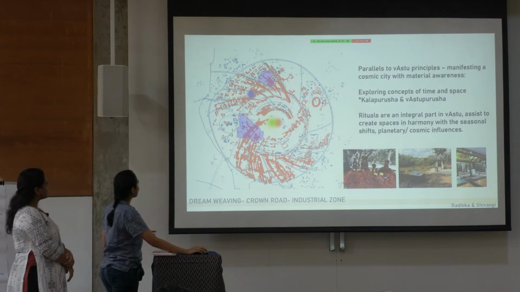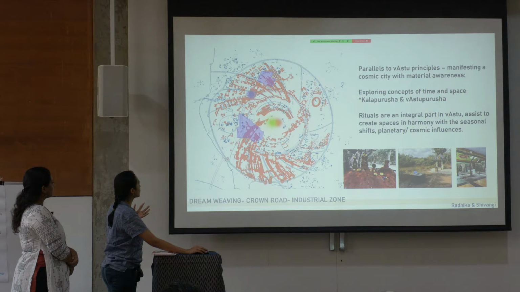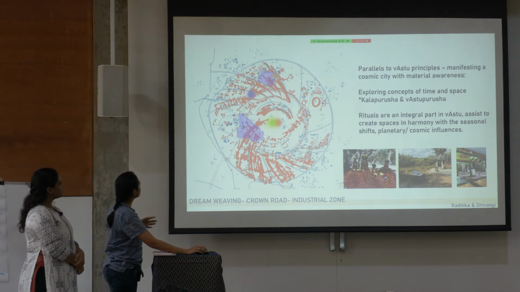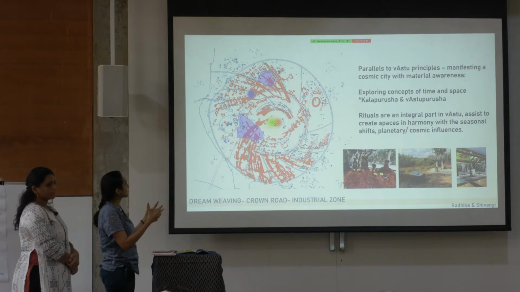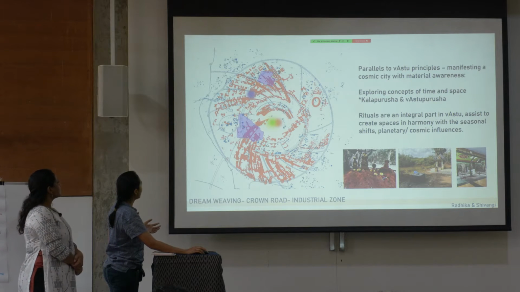So we are also looking at how to manifest this cosmic city with material awareness of the present context. There are some layers like the archaeological site, there is the Kali temple, there are also other archaeological findings which were done in this zone, and then there is the timeless banyan, which is giving us a base, and then we are here with all of our current developments, and then we have our aspirations.